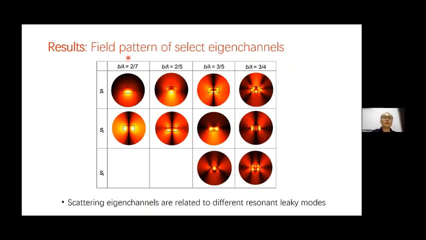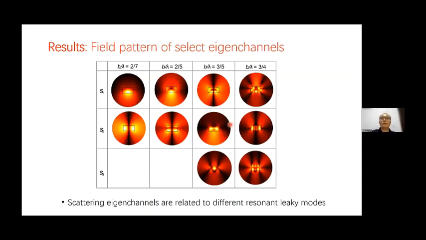So you see for a single frequency, the field patterns corresponding to different scattering eigenchannels are different. And as the frequency increases, you see the field pattern becomes more and more complex.